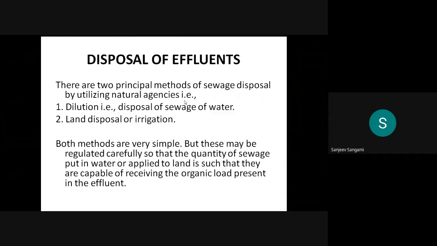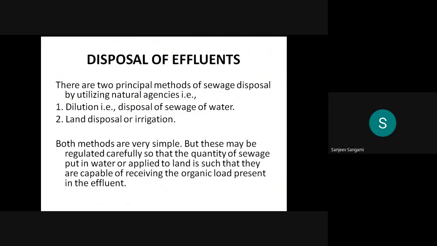Whenever you are disposing any wastewater to a surface water body or to the groundwater, you have to make sure that it satisfies the IS codes given by the Central Pollution Control Board. So always you have to talk in terms of how exactly we are disposing it.